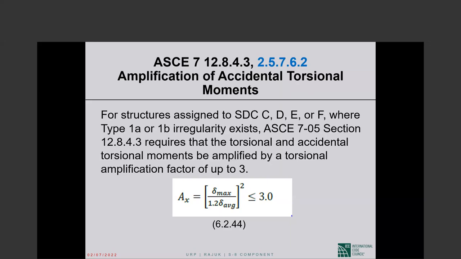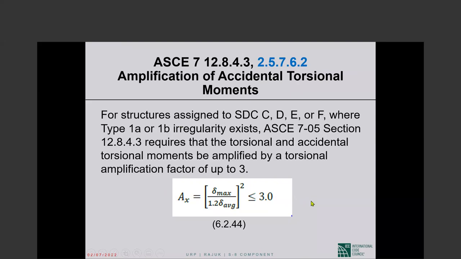So you design for actual torsion plus accidental torsion, and if your structure is torsionally irregular or extreme torsionally irregular, then you design for the actual torsion and the accidental torsion amplified by the accidental torsion amplification factor, this A sub x.